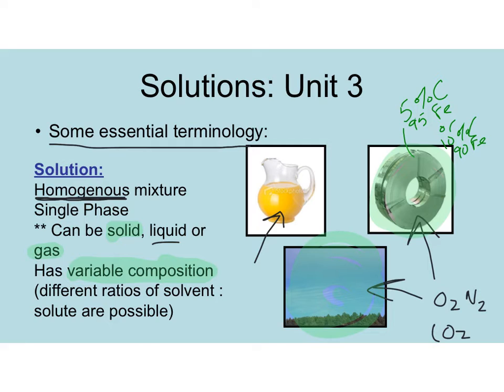When we look at the air, we can have high concentrations of oxygen and low concentrations of N2, or the opposite, high concentrations of N2 and low of O2. And same with steel, we can use 5% carbon or 10%. So that just means that it's a variable composition. We can change the solution slightly by changing how much of each component is in the mixture.